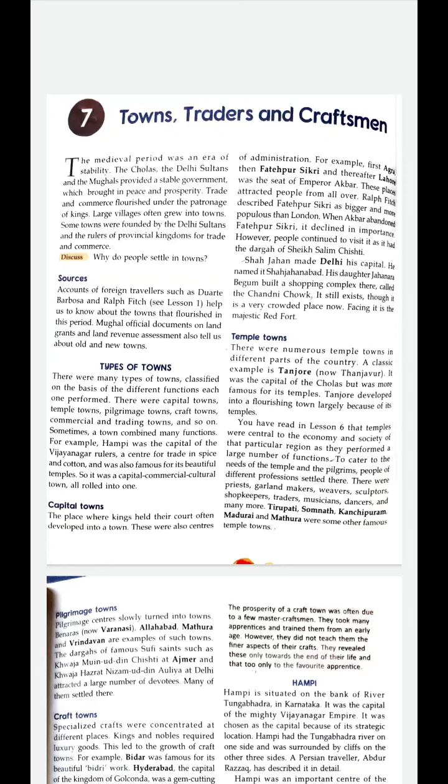A classic example is Tanjore, present day Thanjavur, which was the capital of the Cholas but was much more famous for its temple. That is, Tanjore developed into a flourishing town largely because of this temple.